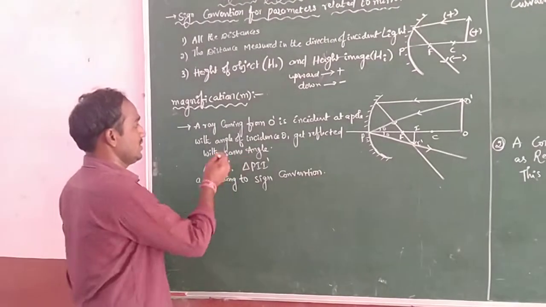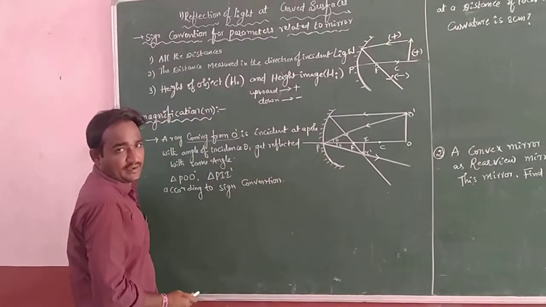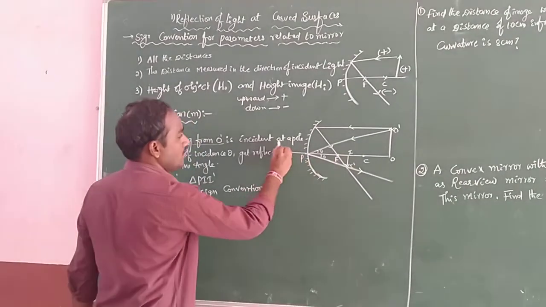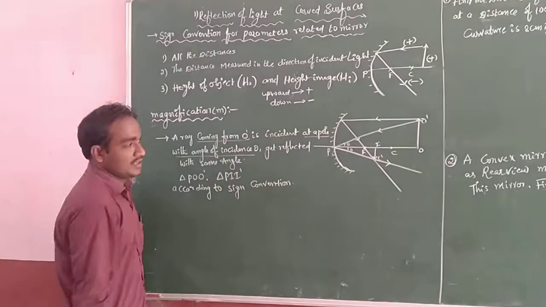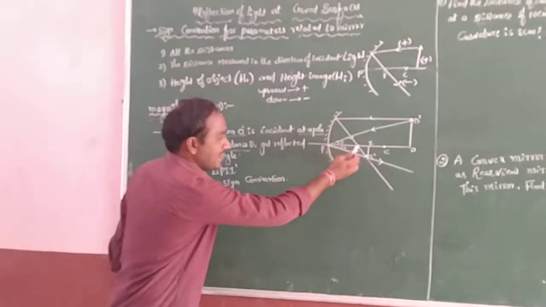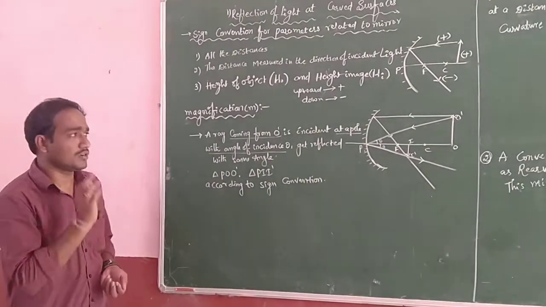So first, the ray coming from O dash is the incident ray, striking the pole. The angle of incidence is theta, so it gets reflected at theta also. How many right angle triangles are there here? Two.